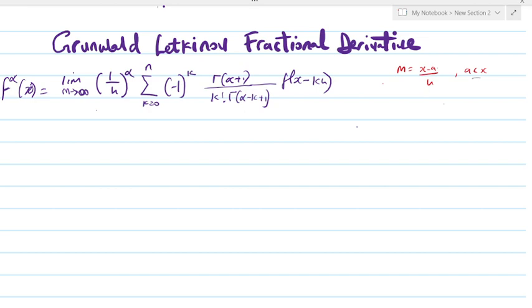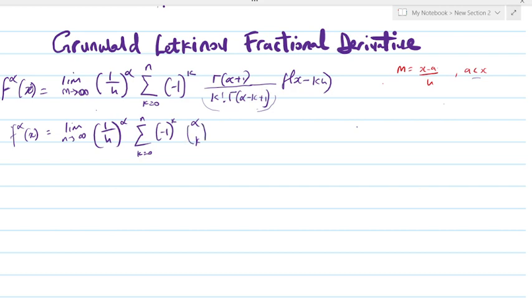Alright, so before we continue, I want to rewrite this GL operator by changing the gamma function to a combination. That is, I'm going to have the alpha derivative of the function of x equals the limit as n tends to infinity of 1 over h raised to power alpha, summation k equals 0 to n minus 1, of minus 1 raised to power k, and then here I can now write it as alpha combination k.